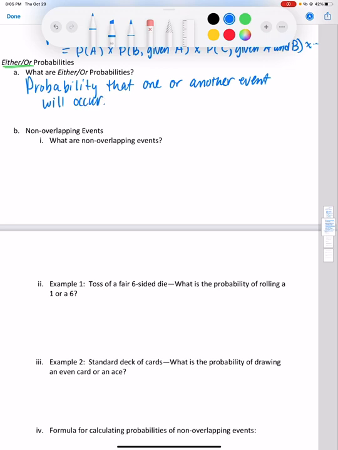And these are typically larger probabilities because they don't both have to occur at the same time. They could be one or the other. So that could increase your chances of the event coming true.